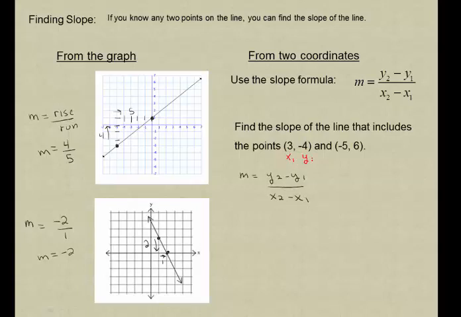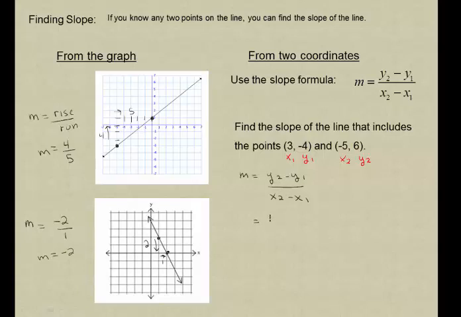My coordinates are x, y, so I'm going to call this one x1 and this one y1. And I will call this one x2 and this one y2. When you have a subscript like this, it's not an exponent. It just indicates that this x is different than that x. So here's my first x, second x.